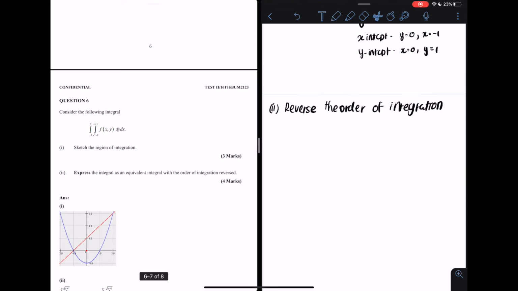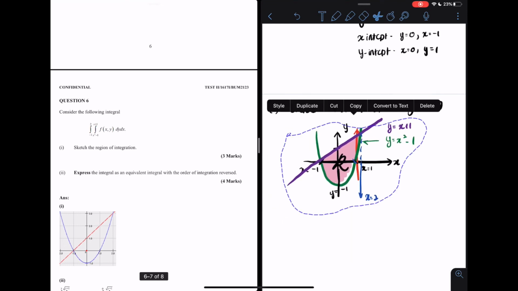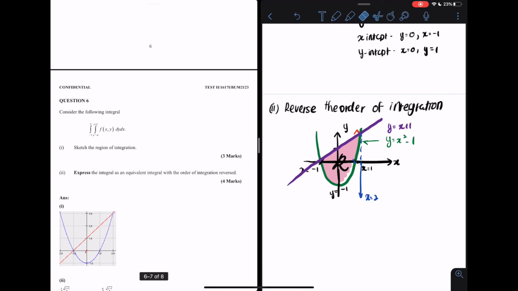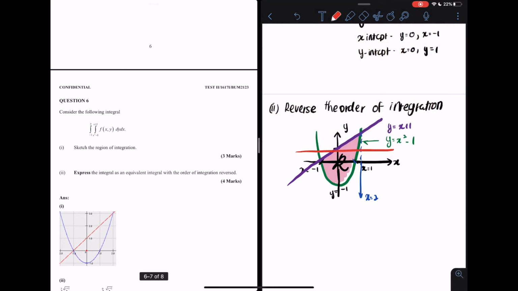So what will I do here? I will paste the curve that we have sketched above. Okay, so right now what should I do with this question? I have to sketch an arrow from left to the right parallel to the x-axis.